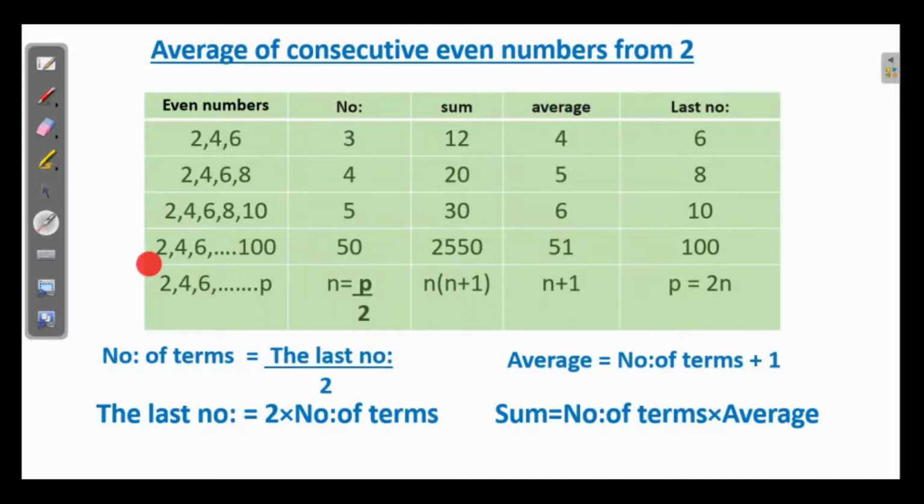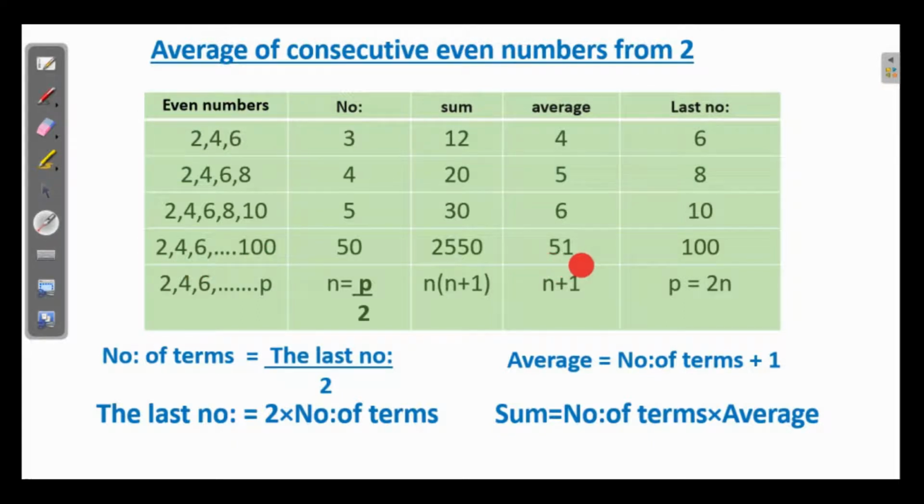And here from 2 to 100, how many even numbers are there? 50 even numbers. We have seen that from 1, 2, 3, etc. up to 100, there are 50 odd numbers and 50 even numbers. So, 50 even numbers are there and finding the average, just like 2 plus last number divided by 2. 2 plus 100, 102. 102 divided by 2 is 51.